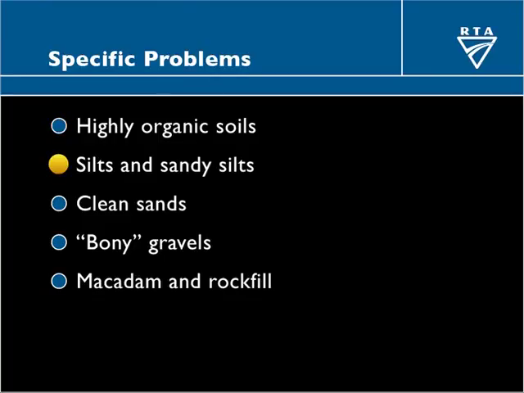Silts and sandy silts of some sorts are in the same boat, very difficult to handle because their compaction curve in the laboratory and in the field is extremely peaky, so you only have a very narrow range of moisture contents to work in. And it can be to the point where that range is so narrow it's not practical to achieve it. So the material is always either too wet or too dry.